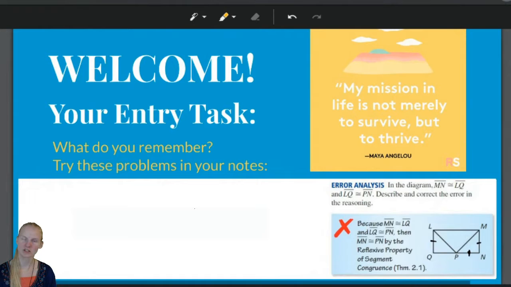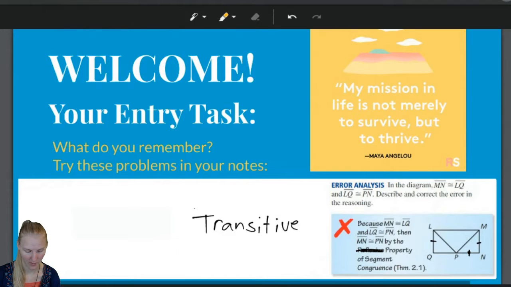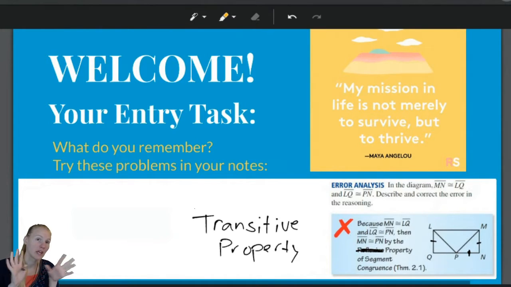Is that the reflexive property? The reflexive property is when A equals A. This is way more than the reflexive property. Which property is this? It's not the reflexive, it's the transitive property of segment congruence, but I don't care if you just write transitive property.